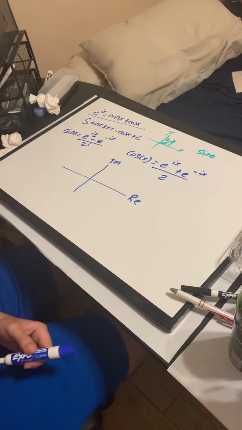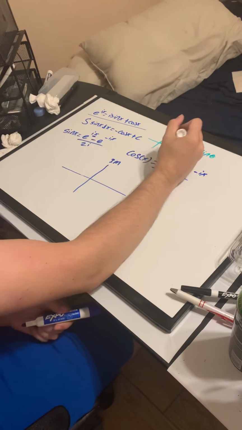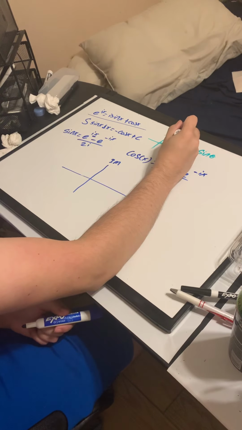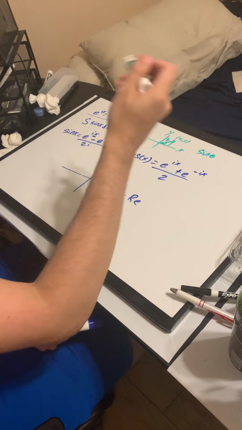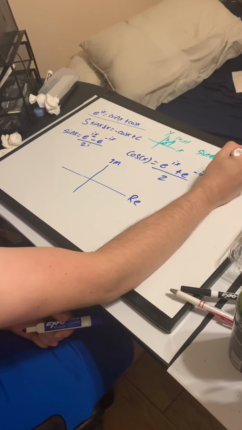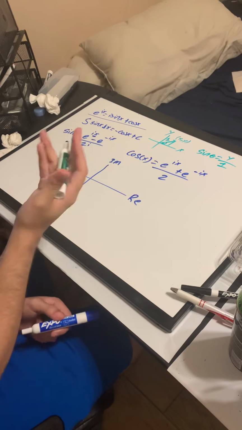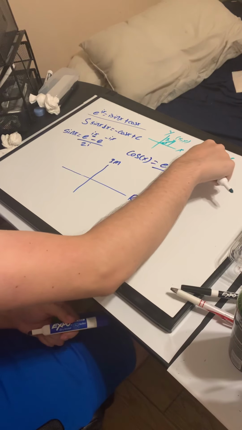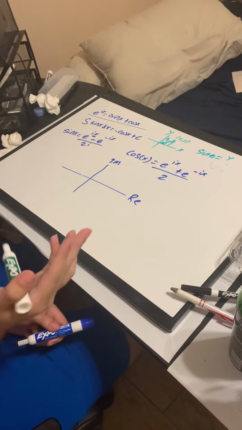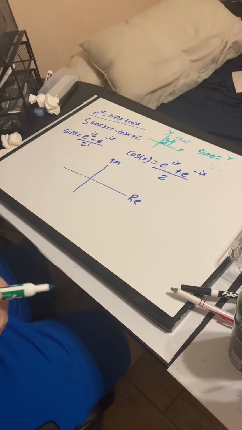You would get, your SOHCAHTOA, so it would be the opposite, and we'll call this xy over here, over the hypotenuse, which is just 1. Or in other words, sine of theta is simply the y contribution of your right triangle.